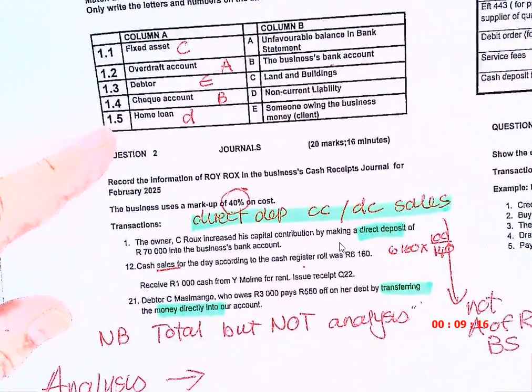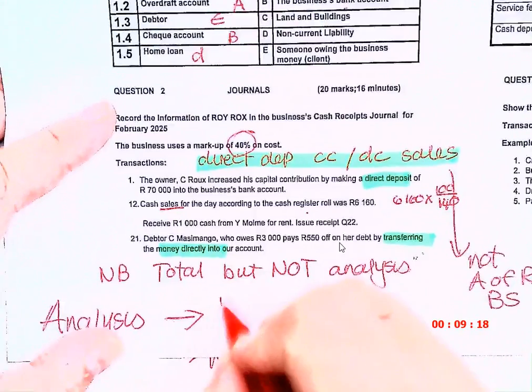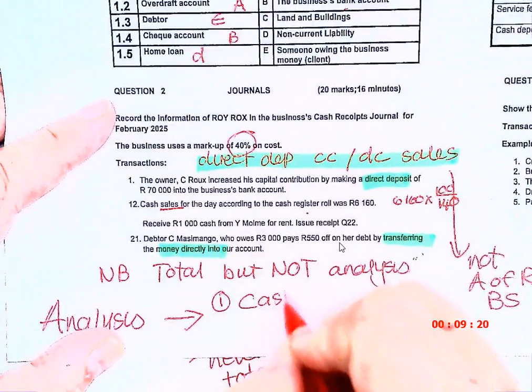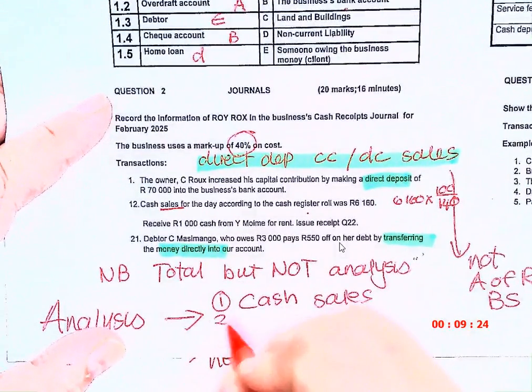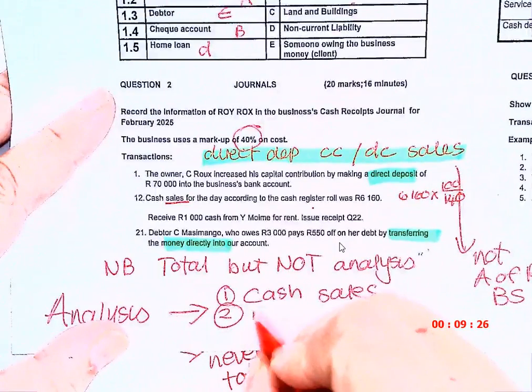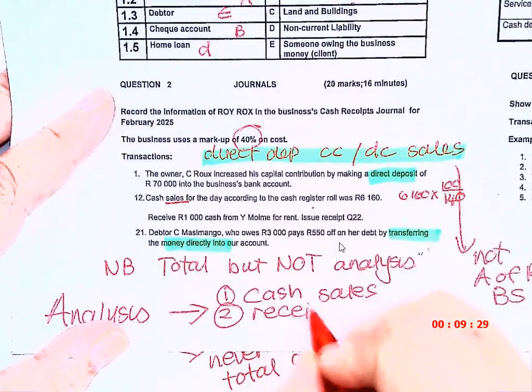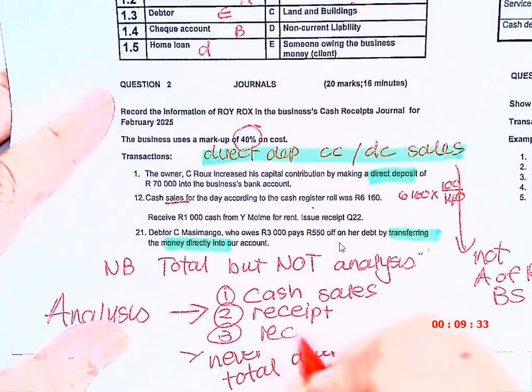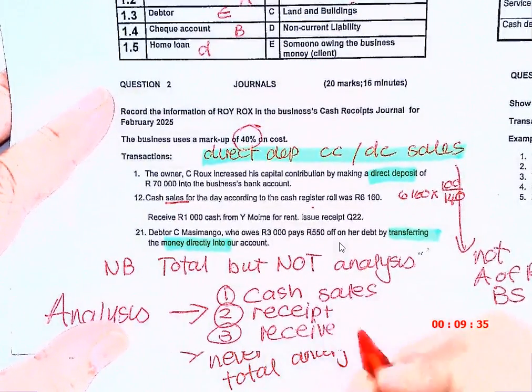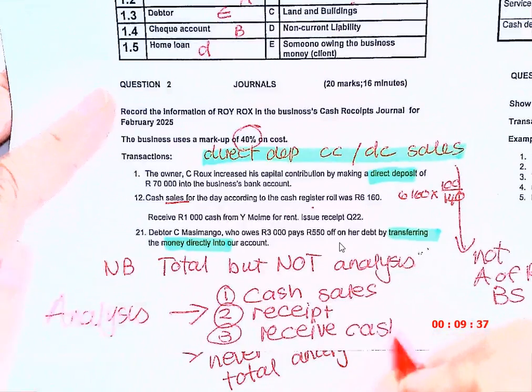First of all, when they say it's cash sales. Second of all, when they say we issue a receipt. And the third thing is where we say we receive cash. That's the only times I will use analysis.